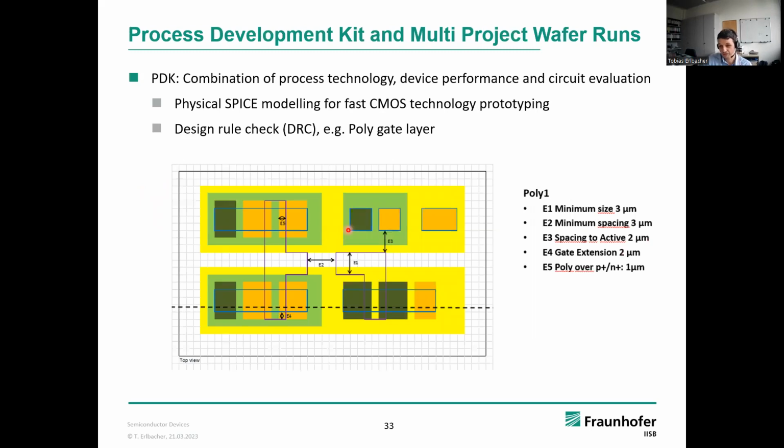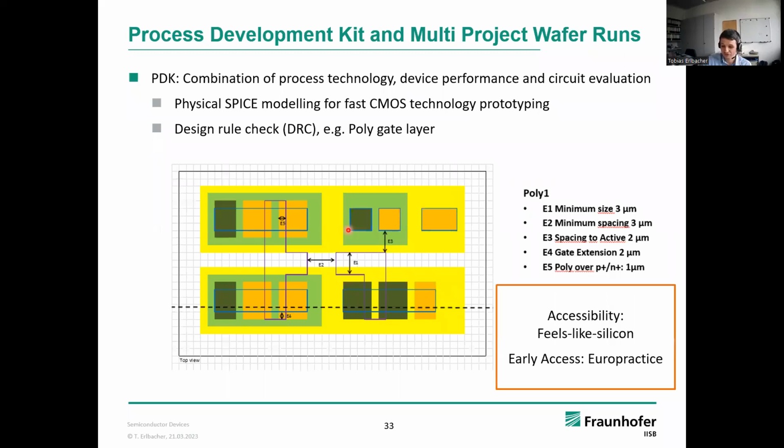Then, of course, there is a PDK, similar to Urmimala's proposal or idea about the offer for the Europractice IC. We are also active in this field now, and there is also technology available through Europractice. So I think what Urmimala also mentioned about the Ascent Plus program, of course, also applies for our silicon carbide technology.